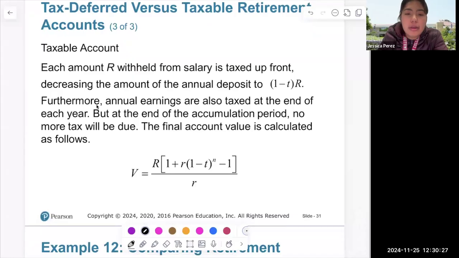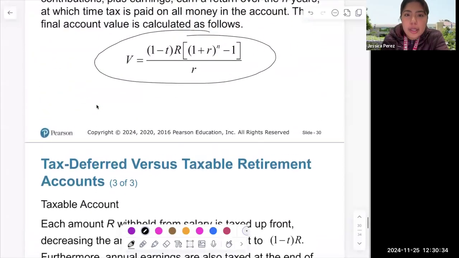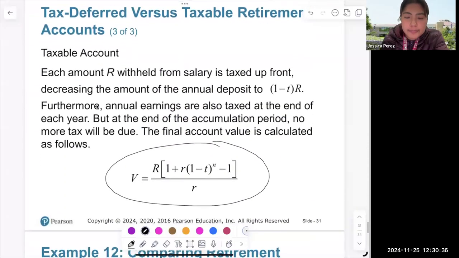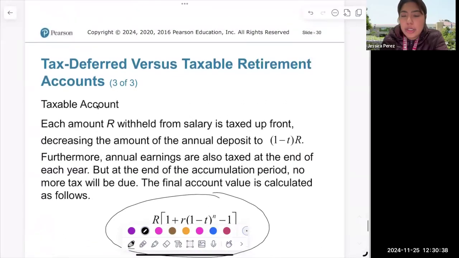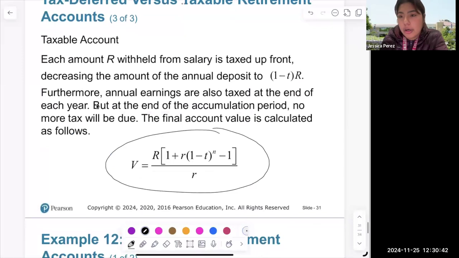The final account value is as follows. Look at the R here and look at the R here. They're not in the same location: 1 minus T times R in the front versus R in the front. When the R is in the front, that is the taxable account.